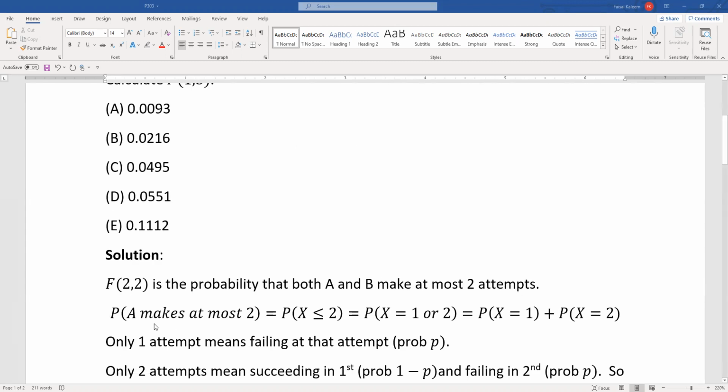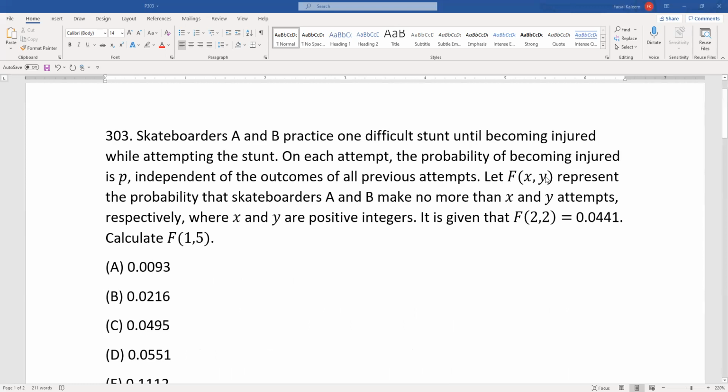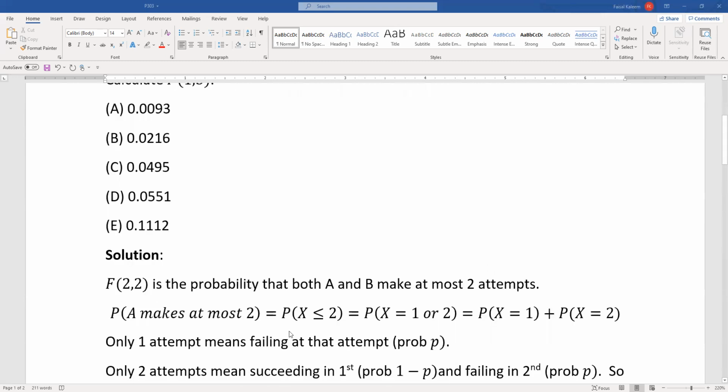So let's say we focus on A, who makes at most 2 attempts. Remember, Fxy is that A makes at most X attempts. No more than X means at most X. So A makes at most 2 attempts is the probability X less than or equal to 2. X were the attempts for A.